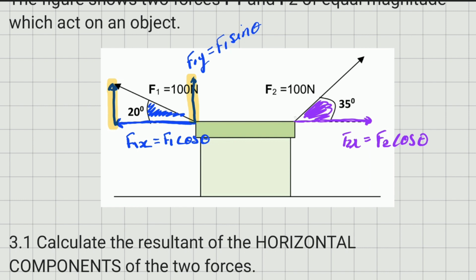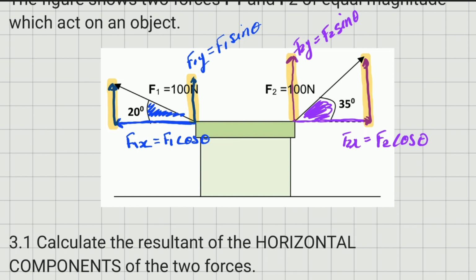And this one will also have a vertical component, which you can see there. This is F2 in Y, and this will be equal to F2 multiplied by sin theta. You can see that that one will be the opposite side. This line here is the same as this line there.